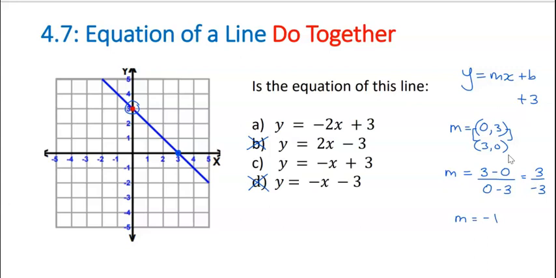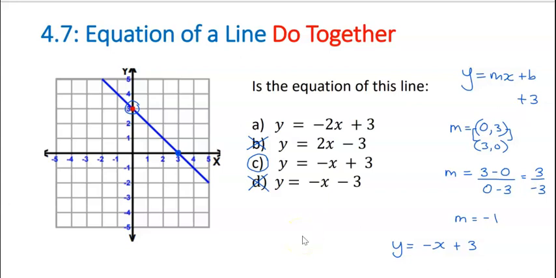So my slope is a negative 1. My equation is negative x, or negative 1x, plus 3. I see that C is the correct equation of this line.